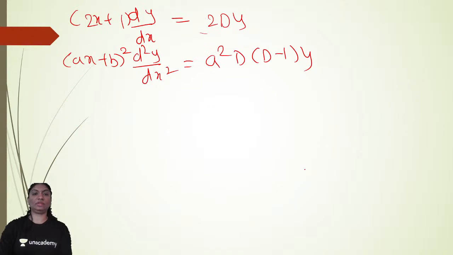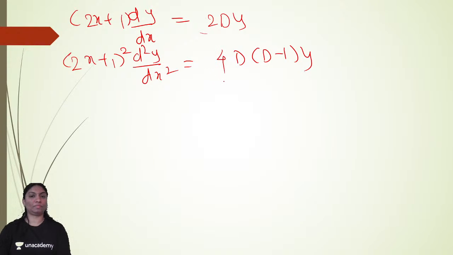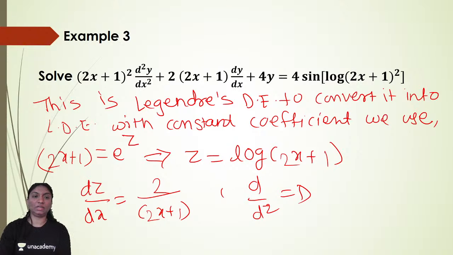So (2x plus 1) dy by dx is 2 Dy, and (2x plus 1) square d2y by dx square is equal to 2 square into D into D minus 1 of y. So 2 square is 4. So your differential equation is converted into this one.